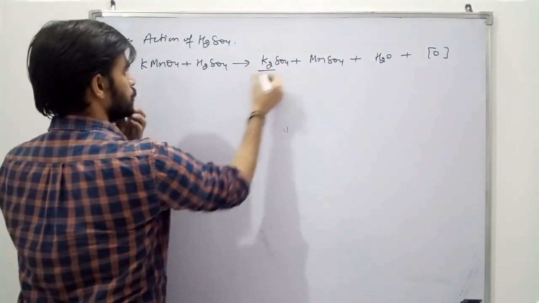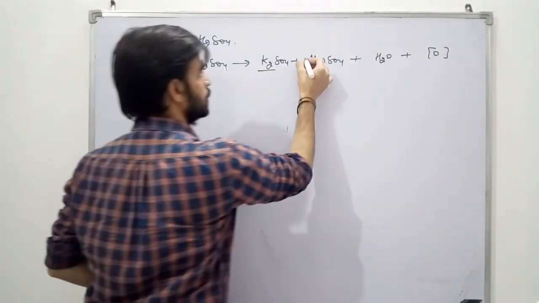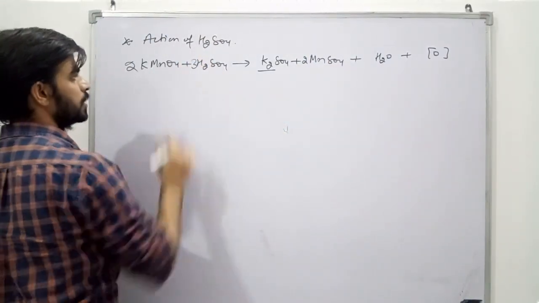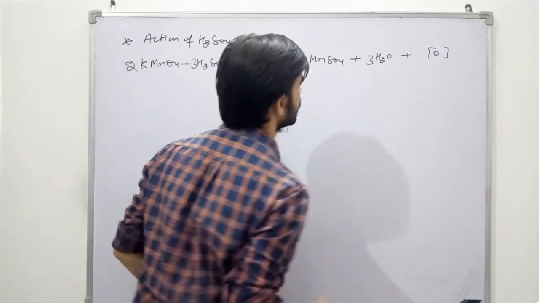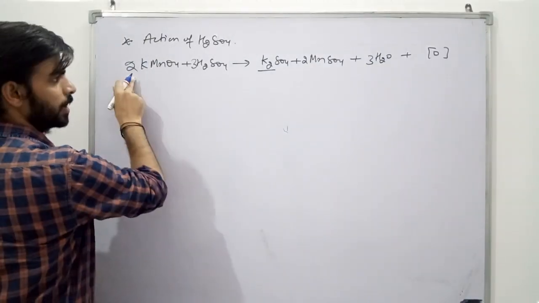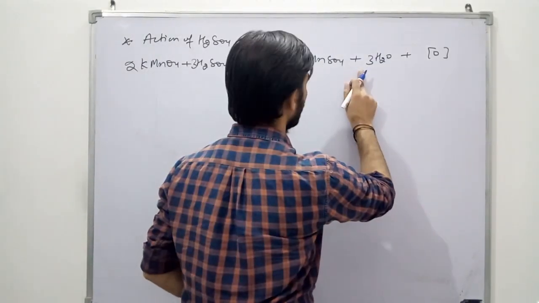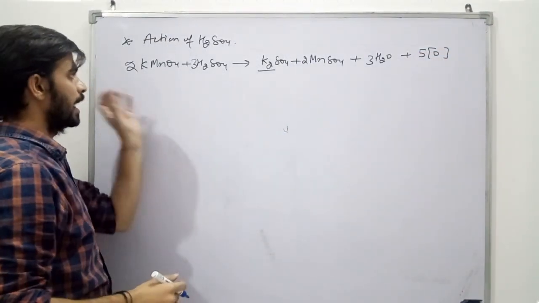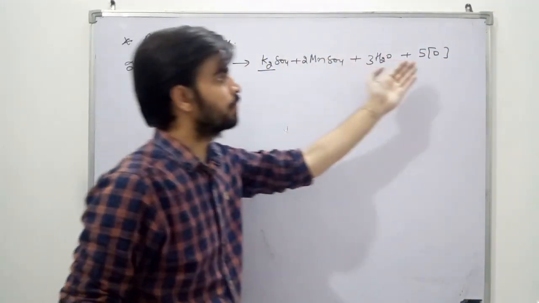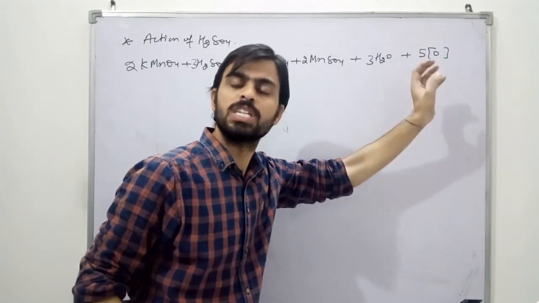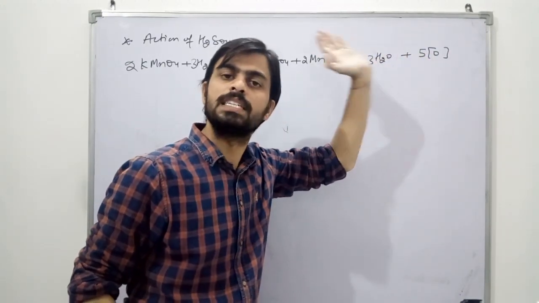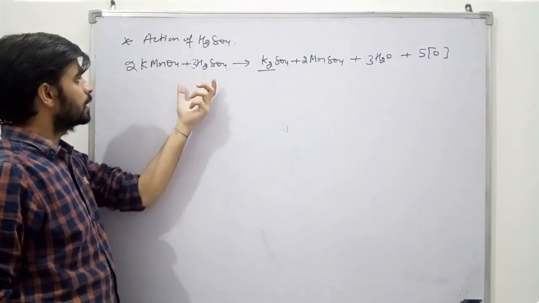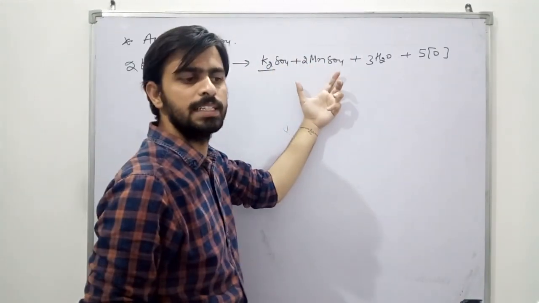So here we have 2, 2, then a total of 3 sulfate, 3 H2SO4 so 6 hydrogen, and 3 H2O. Now oxygen: 4 to 8, 3 plus 5. That means acidified KMnO4 gives 5 nascent oxygen, which is responsible for its oxidizing character. That means acidified KMnO4 is a very good oxidizing agent.